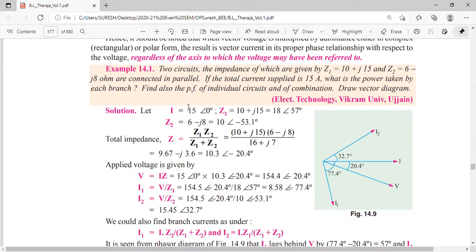Take your calculators and keep them with you. After writing the question, inform me and I'll start the solution.